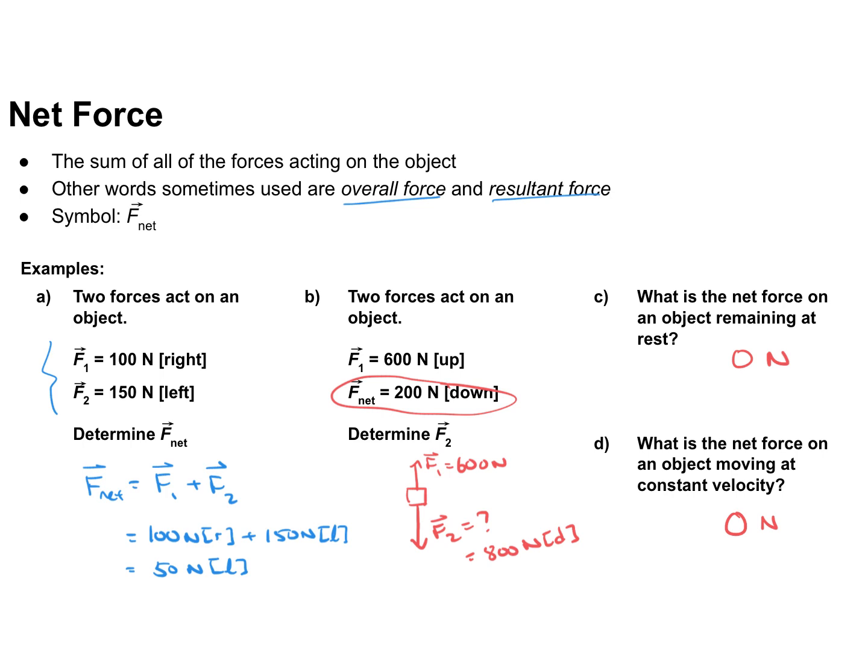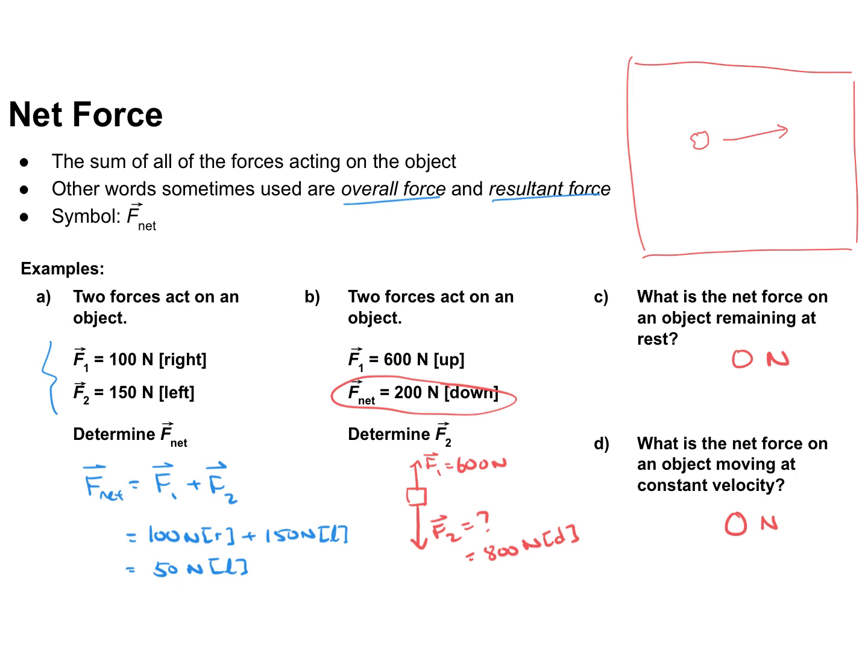But you might think, oh, well, the object is moving, so there has to be a force acting on it. That's actually not true. An object can be moving with no forces acting on it. So I want you to think of outer space. You have an asteroid just moving through outer space.